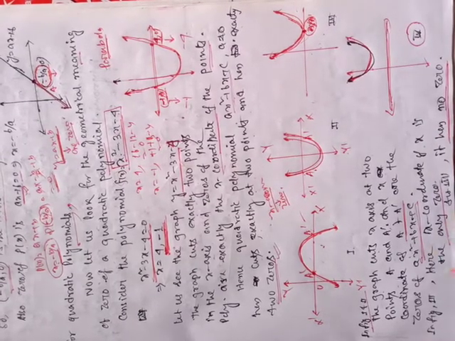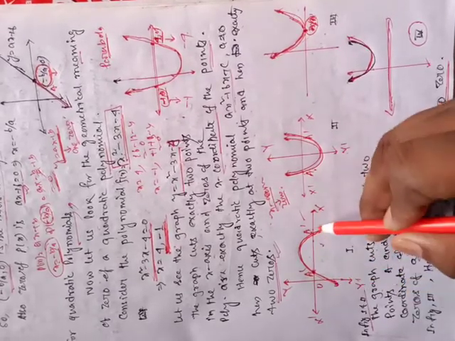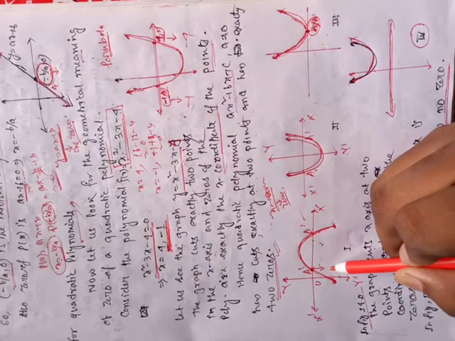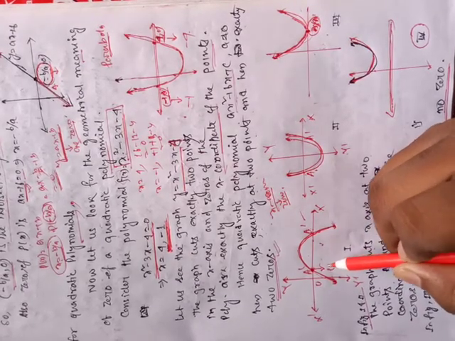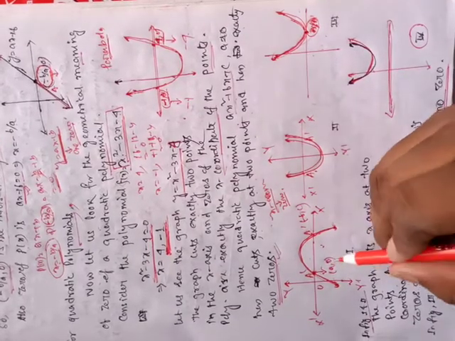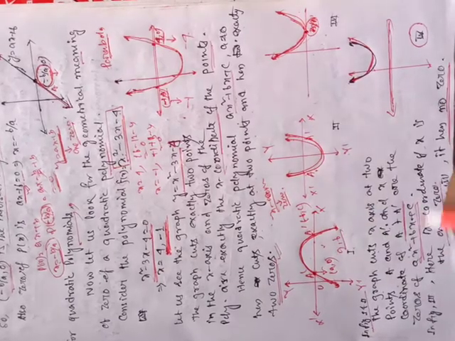So it has a maximum of 2 points of intersection with the x-axis. Suppose the coordinates of these points are (a, 0) and (b, 0). So the zeros of this quadratic polynomial should be a and b.